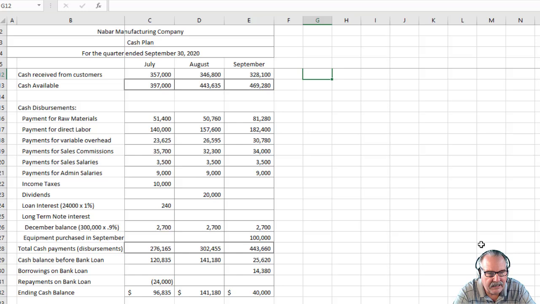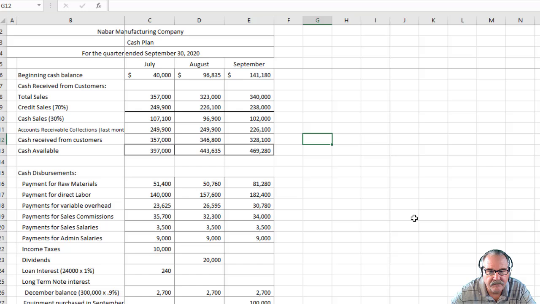And our cash balance before any bank loans, and we don't have any short-term bank loans now, that $141,180 is going to flow right through to the beginning of September. And then in September, again, we go through total sales, 70% credit, 30% cash.